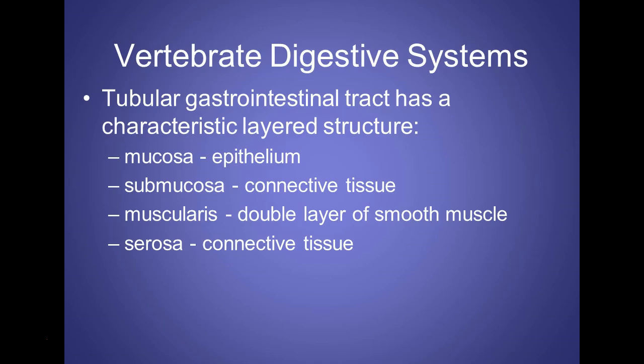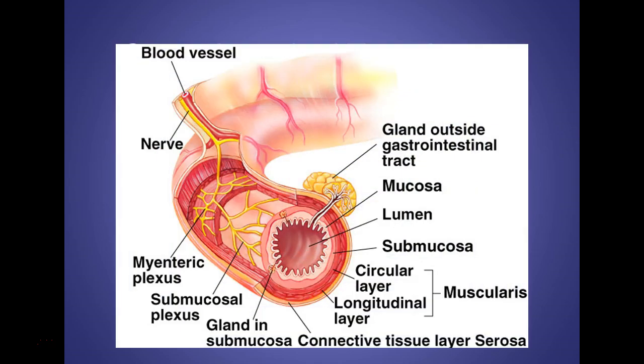And then we have the serosa, which is the connective tissue that essentially attaches and keeps it in place, I guess, is the best way to put it. If you remember dissecting the chicken bone, there was this thin layer around the muscle that was the same thing as the serosa. It's to keep everything in place.